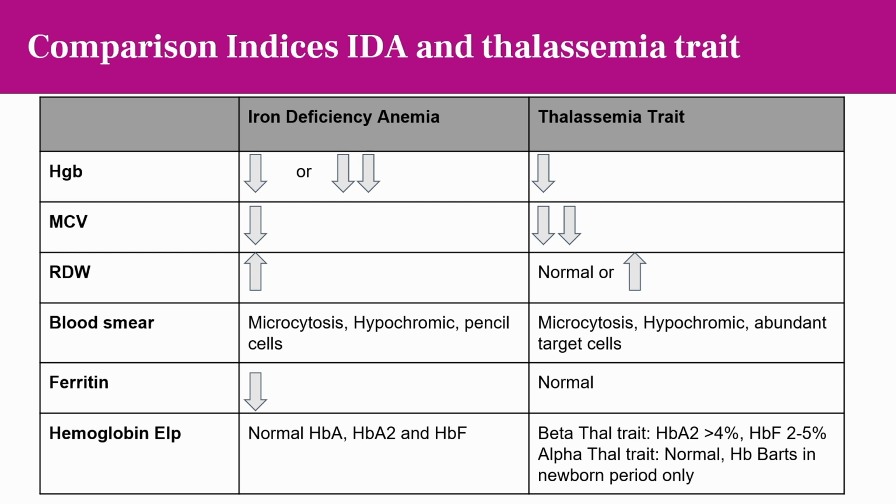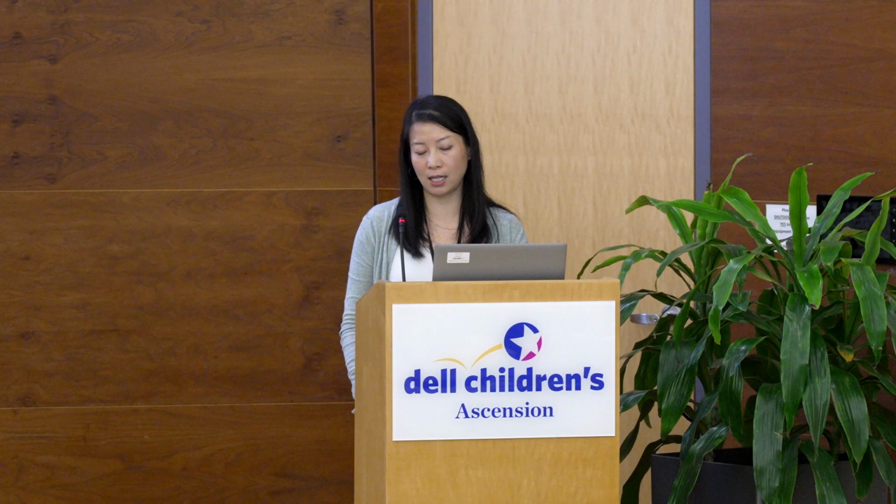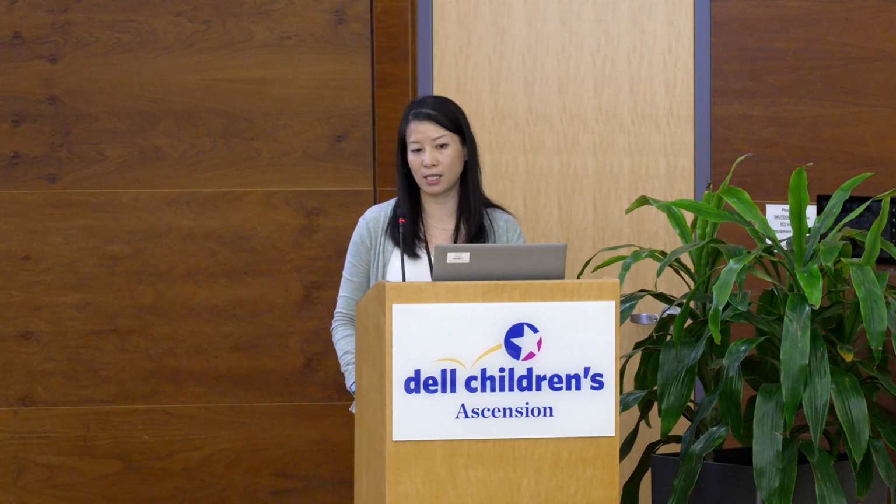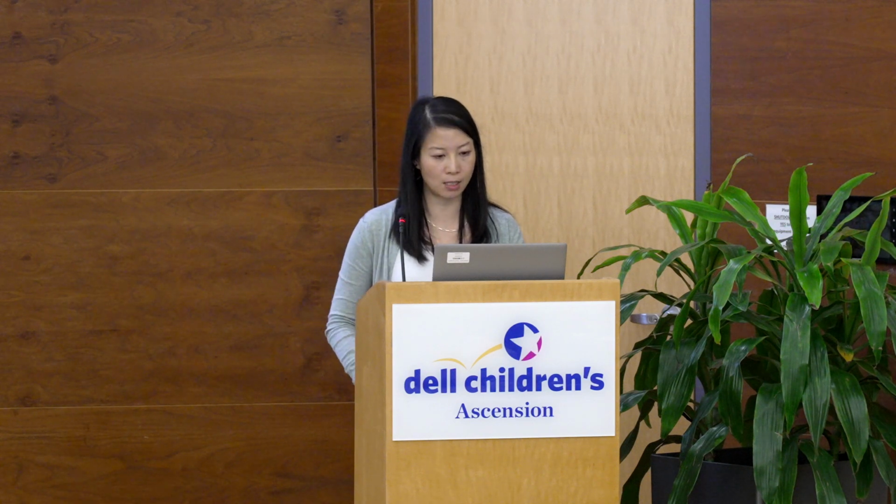Your ferritin will always be low in iron deficiency anemia and will be normal if you're dealing with thalassemia trait alone. And your hemoglobin electrophoresis will be normal if you are only dealing with iron deficiency anemia, and alpha thal trait, it will be normal too. You, again, need that DNA-based testing, but you can see changes consistent with beta thalassemia trait in your hemoglobin electrophoresis.